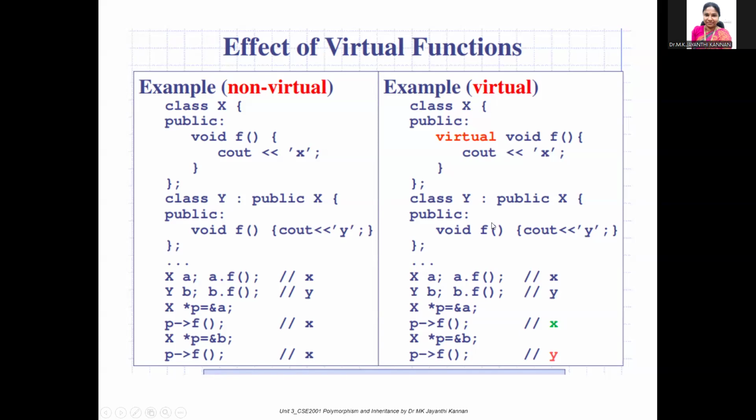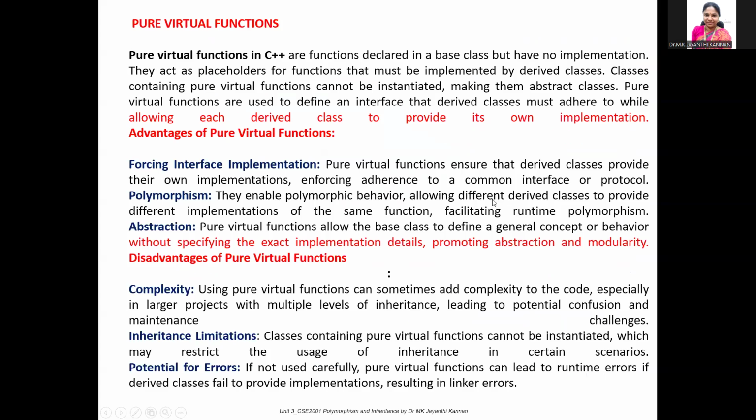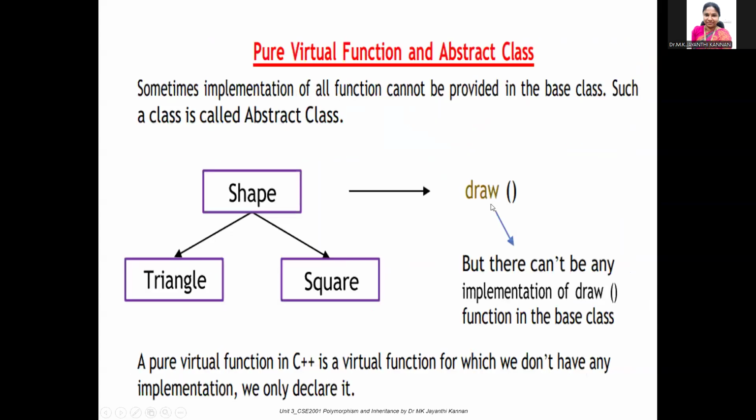So any doubt in this? The meeting will end in another 5 minutes. I will take the attendance from the Zoom class recordings. Only 71 students are there now. Previously it was around 87 students. Any doubt? Virtual function and non-virtual function, dynamic binding and pure virtual functions.